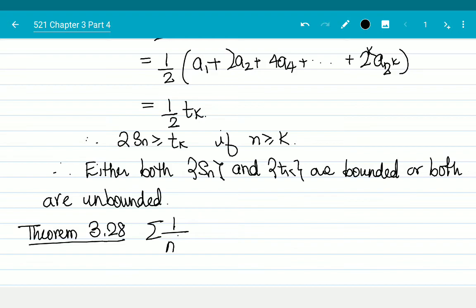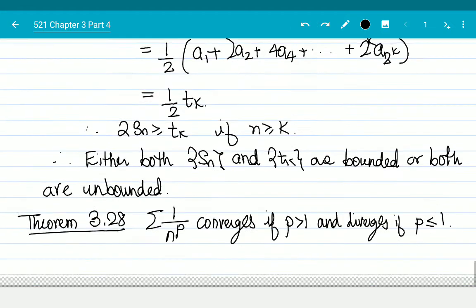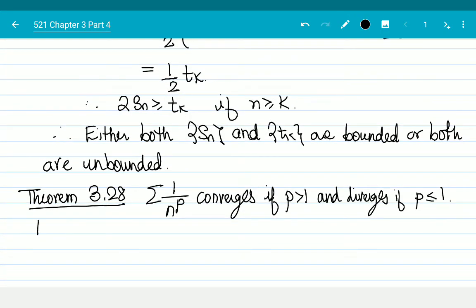Summation 1 over n to the p converges if p is greater than 1 and diverges if p is smaller than or equal to 1. Okay? Proof.